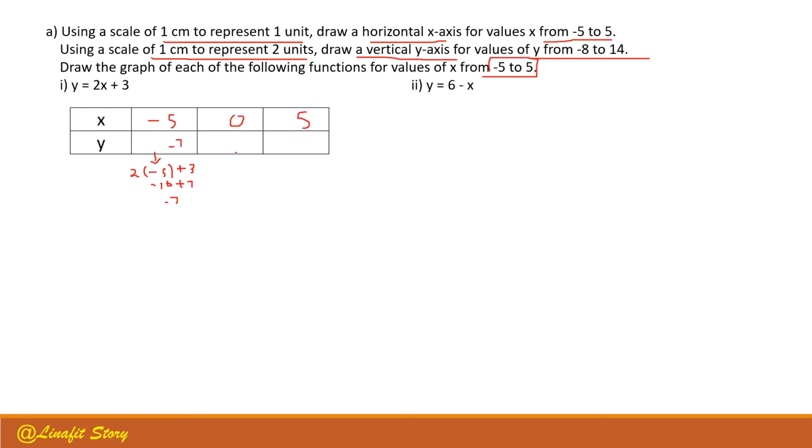When x is 0, y is 2 times 0 plus 3. 2 times 0 is 0. 0 plus 3 is 3. When x is 5, y is 2 times 5 plus 3. 2 times 5 is 10. 10 plus 3 is 13.